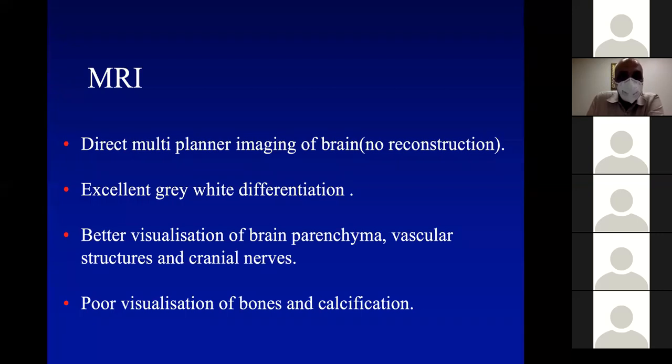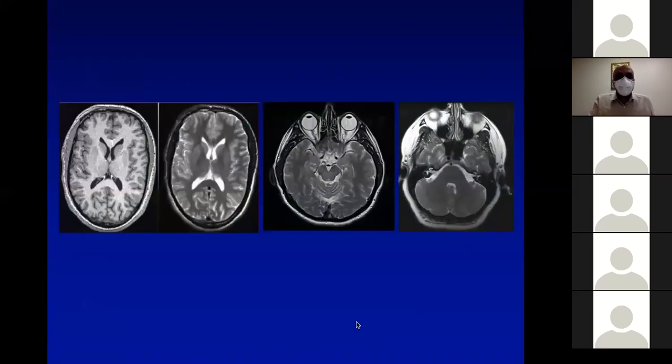It has an excellent gray and white differentiation on MRI for brain parenchyma, better visualization of brain parenchyma, vascular structures, and cranial nerves. There is poor visualization of bones and calcification. This is an important point for you to remember, that on MRI, there is poor visualization of the bone and calcification.